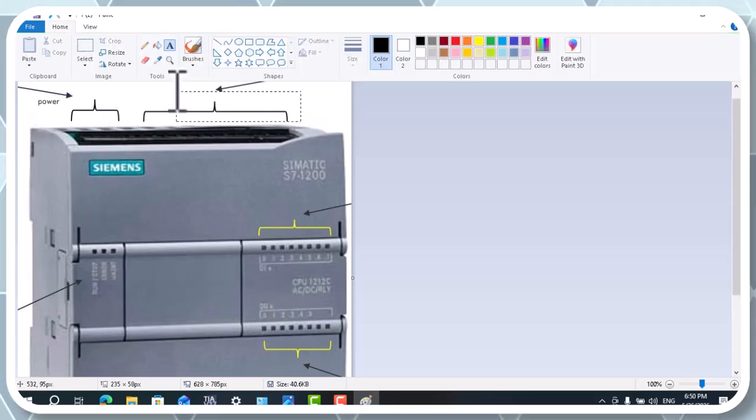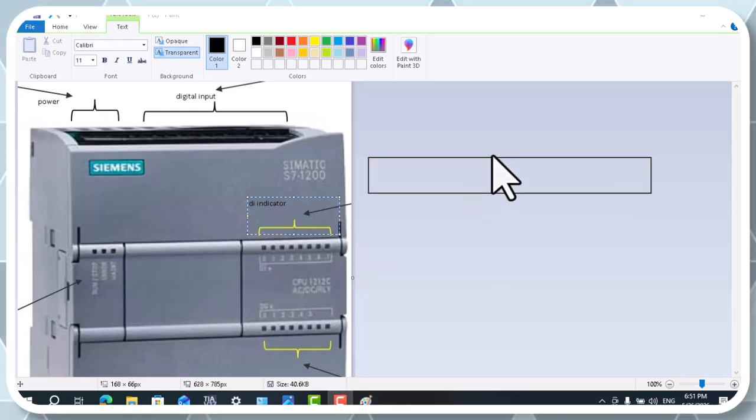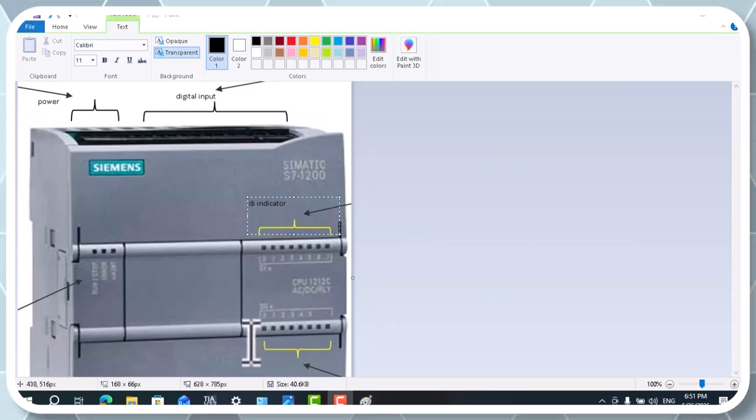This side is the digital input. And this side is the digital input indicator, let's write it like DI indicator, and this part is the digital output.